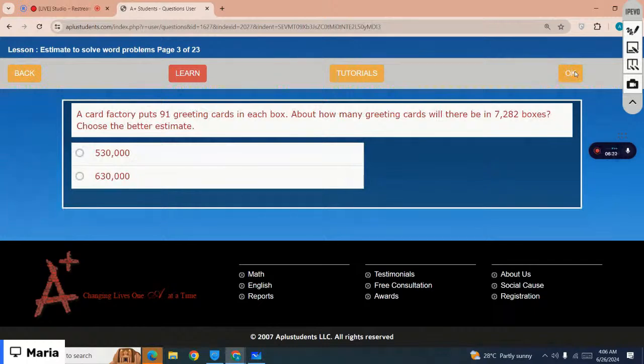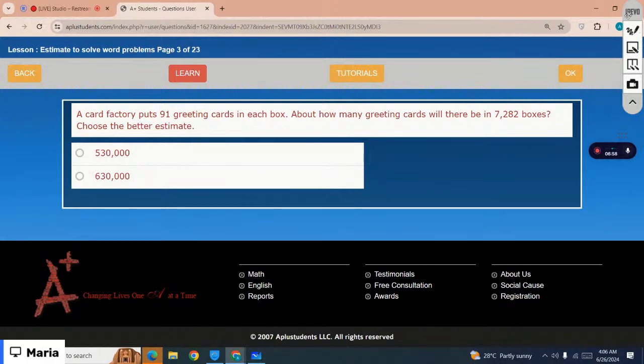A card factory puts 91 greeting cards in each box. About how many greeting cards will there be in 7,282 boxes? Choose the better estimate. So, which is the correct option? 91 and 7,282.